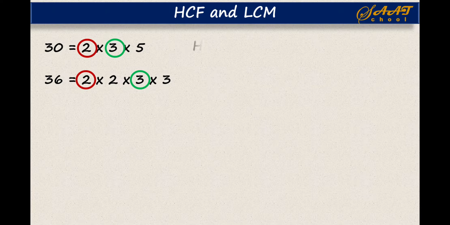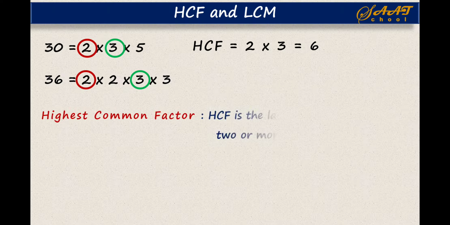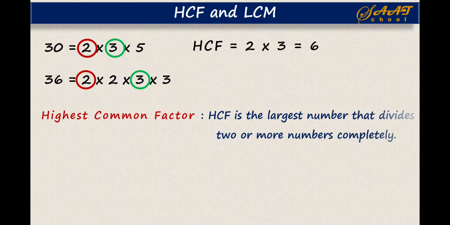That's why HCF of 30 and 36 is the product of 2 and 3, which is 6. The highest common factor is the largest number that divides two or more numbers completely. Here, the HCF 6 divides the given two numbers 30 and 36.